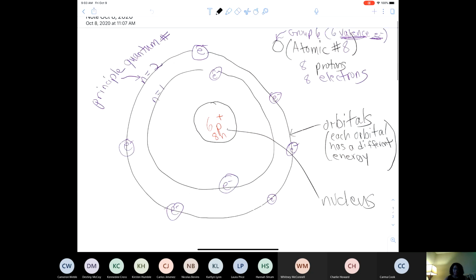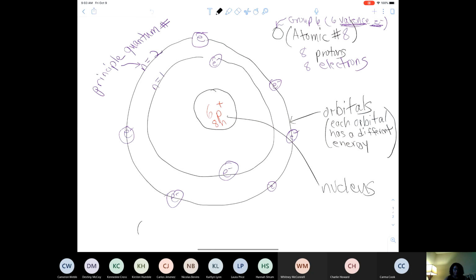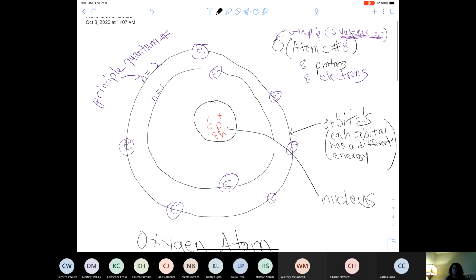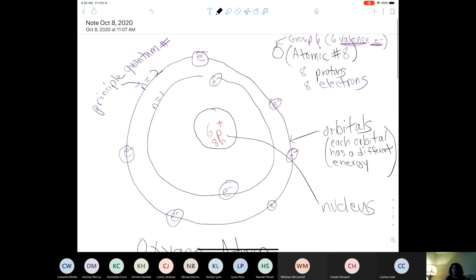So this is the oxygen atom. Oxygen is atomic number 8 on the periodic table, meaning that it has 8 protons inside of the nucleus.